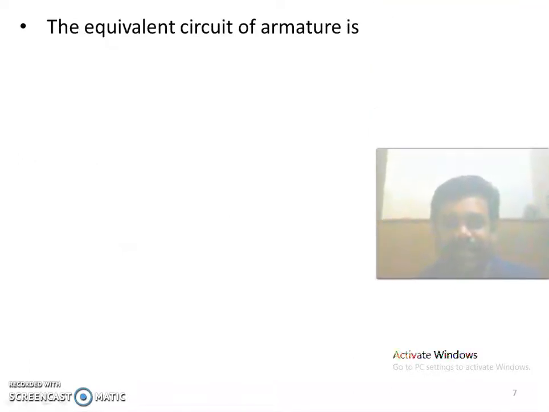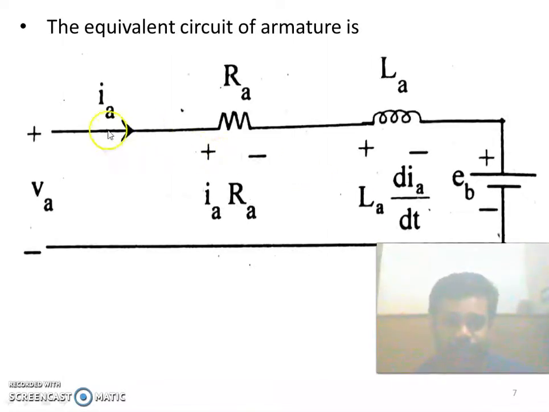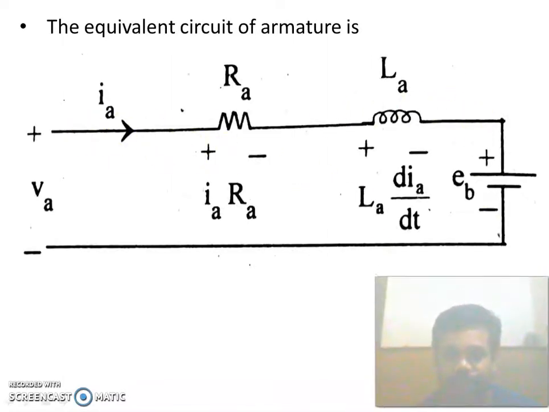Now the equivalent circuit of armature is shown in this figure. It consists of the armature resistance RA, the armature inductance LA, and the back EMF EB. This is the armature voltage VA.